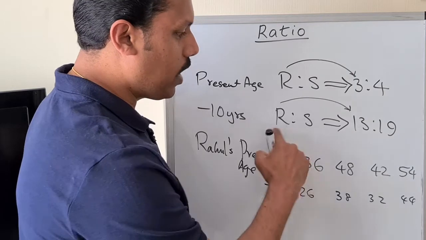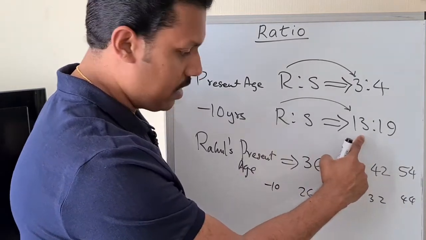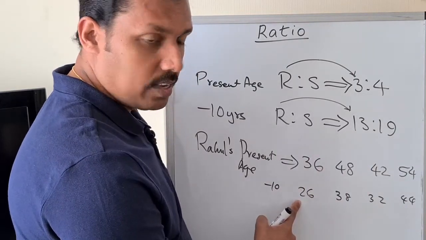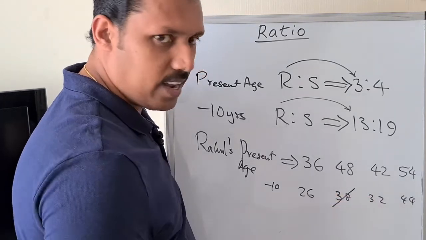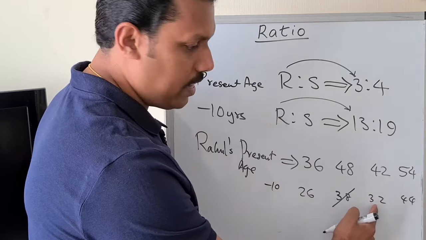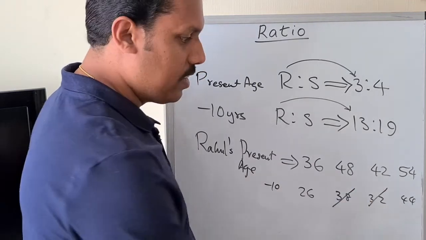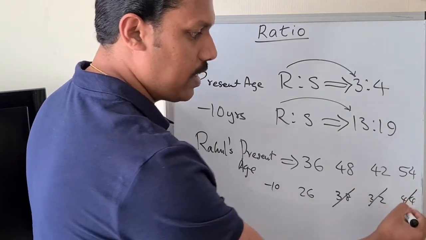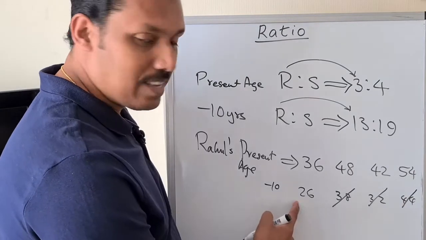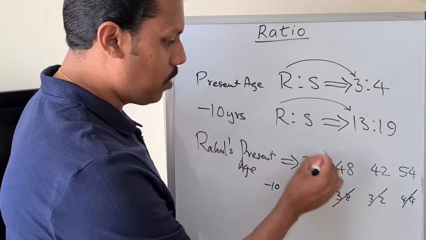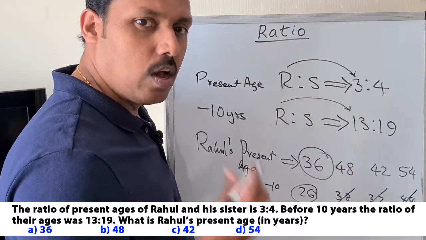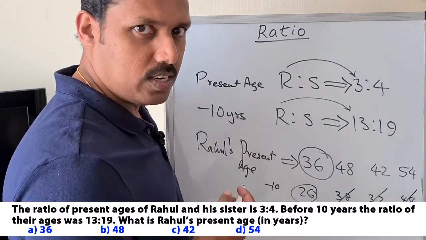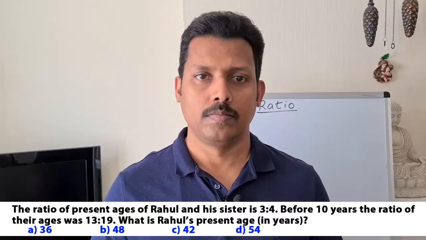So 10 years ago, Rahul's age is a multiple of 13. Is this a multiple of 13? No, that is not an answer. Is this one? No, that cannot be an answer. Is this one? No, that is also not an answer. This is a multiple of 13, so that is your answer: 36. Did you see the trick I'm using? This is called option verification. Hope you understood.